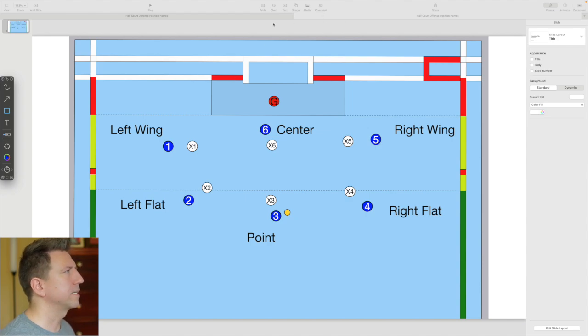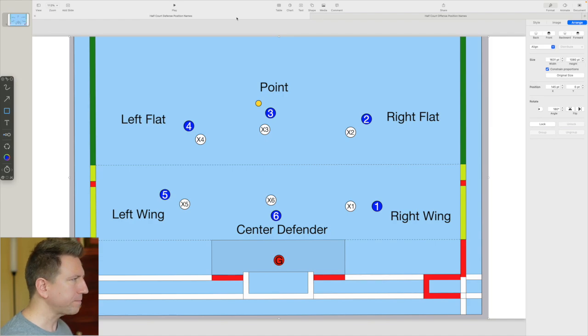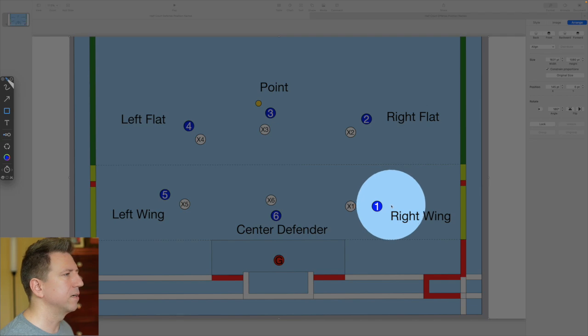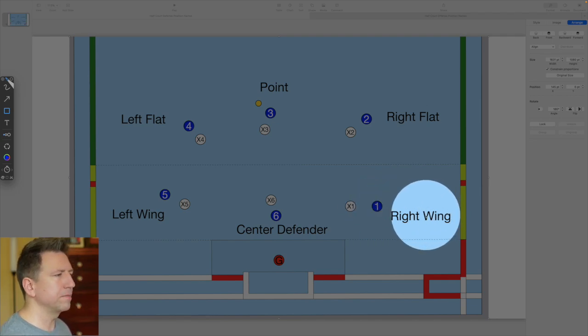Let's go ahead and look at it from the defensive point of view, where things are a little bit different. On defense, we are looking at the offense coming at us, but we're facing the other direction. So our right and left are switched, and this is important for what we see. Starting here at 1, this is now the right wing for us.